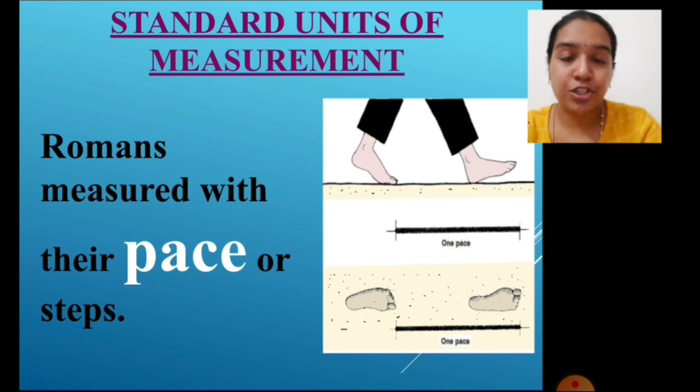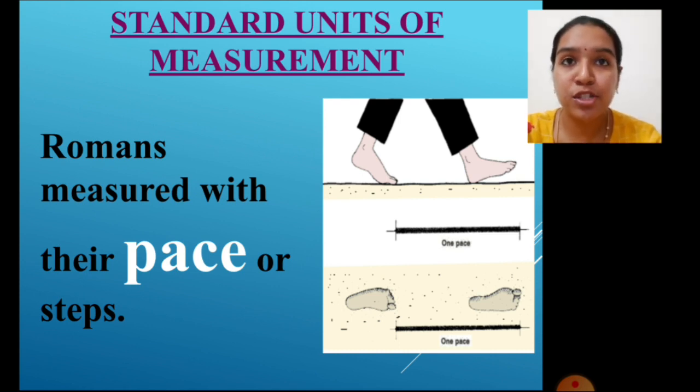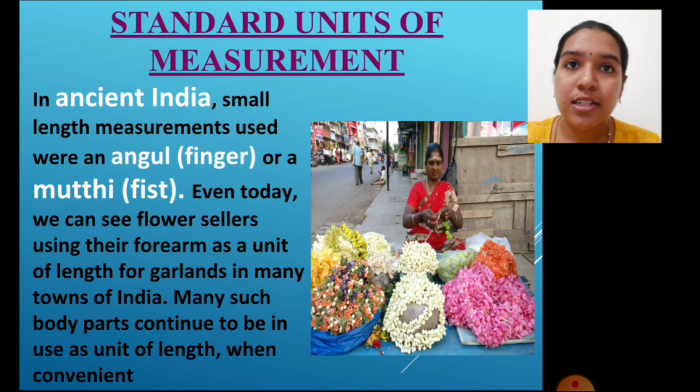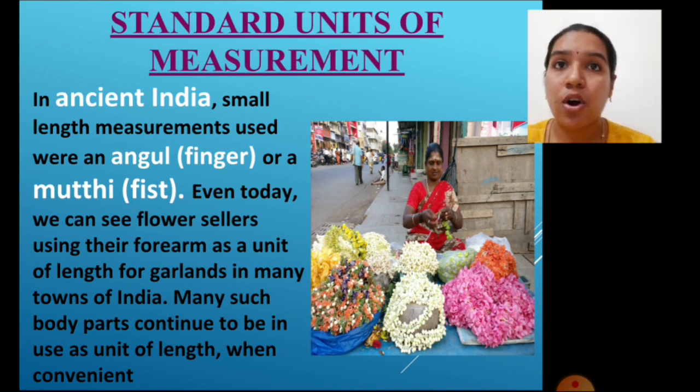The other ancient unit of measurement was the pace. The Romans measured distances with pace, or number of steps. In India, till today, flower vendors sell flowers in measurements of a finger or fist.